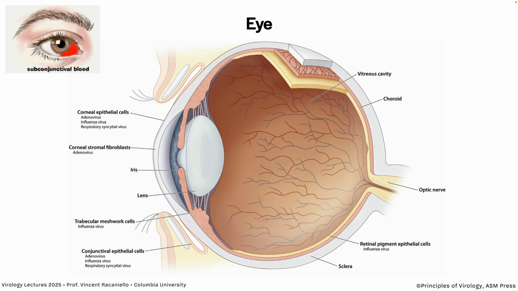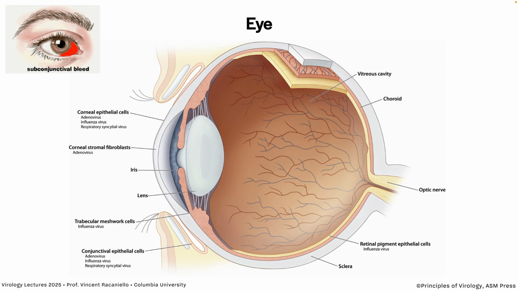The eye is another portal of entry. We have many complicated cell layers here, but the outer layer is composed of epithelial cells, and in particular, conjunctival epithelial cells line the inner eyelid. And there's a thin layer of those on top, and then they go to the top eyelid as well. And all of these can be infected with viruses.